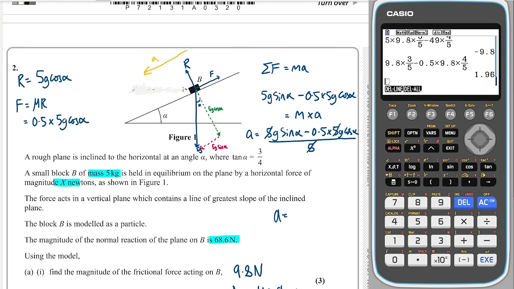Perfect. The acceleration equals 1.96. And we are done.